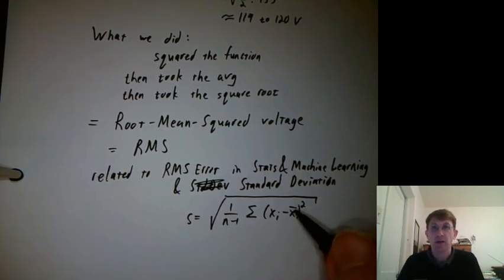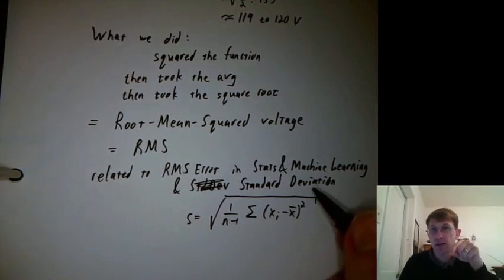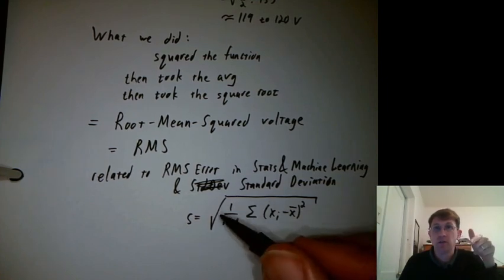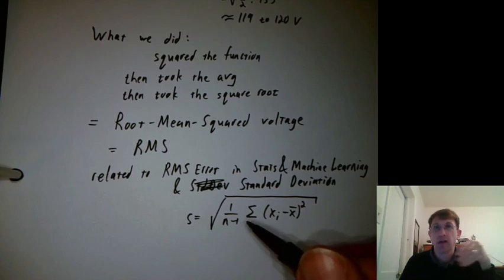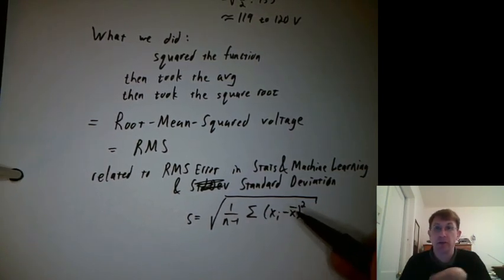So there, we're taking the mean of the data, subtracting it from each data point, that gives us a deviation or an error from the mean, squaring that, taking the mean of all that, like add stuff up, divide by the number of things, and then taking the square root of that. So it is a root mean square of something.